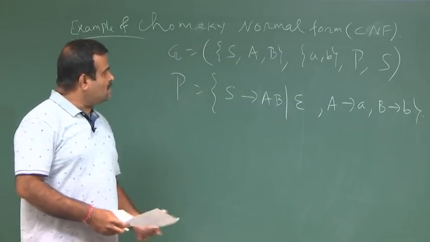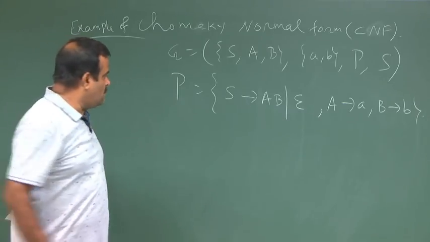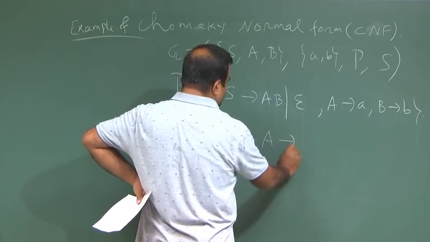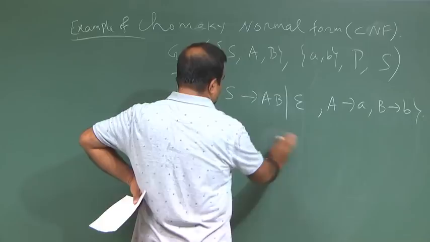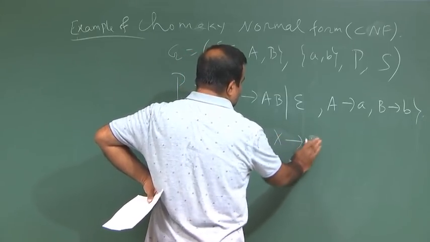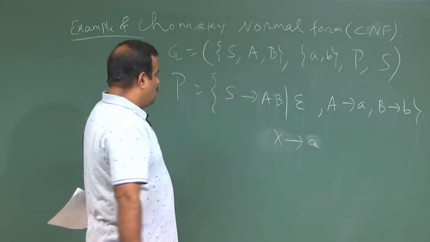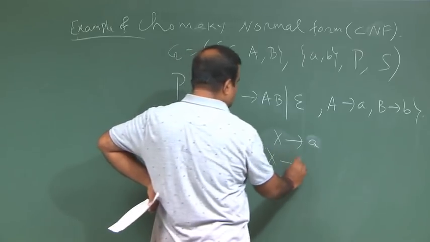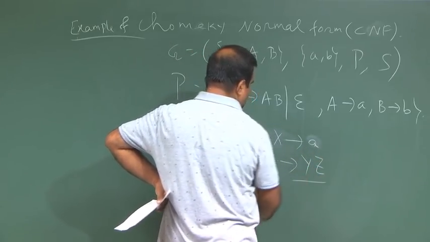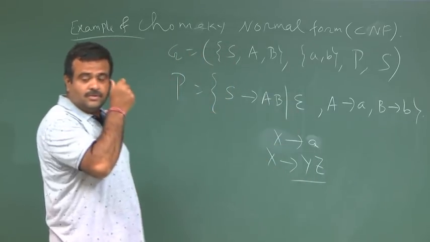If you check all the rules, all the productions in this grammar, all the productions are of this form: either a variable x is going to a terminal, or x is going to y z, the 2 variables, and if epsilon is there, that means epsilon will be generated by this.